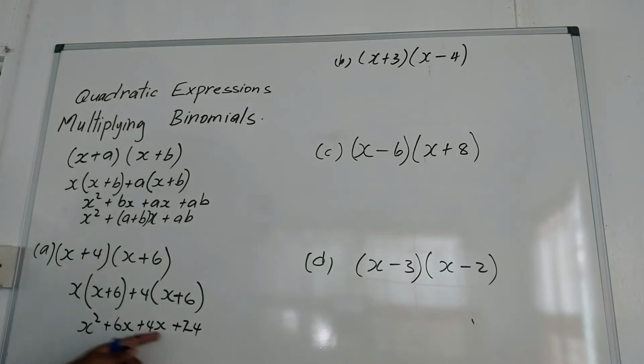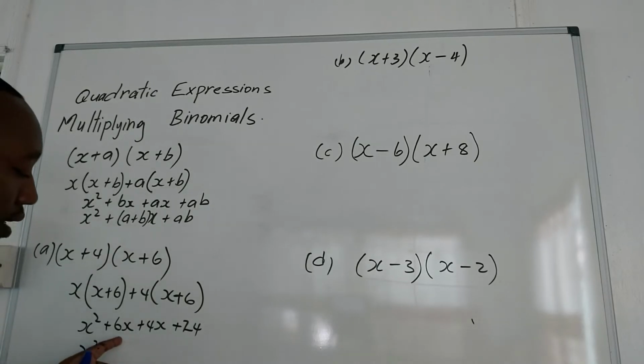Then, since these two are similar, since both of them have x, we add them up, right? Notice we cannot add x squared plus 6x plus 4x because the powers are different. We can't add x squared with x. So since no other value has x squared with it, we write back our x squared.